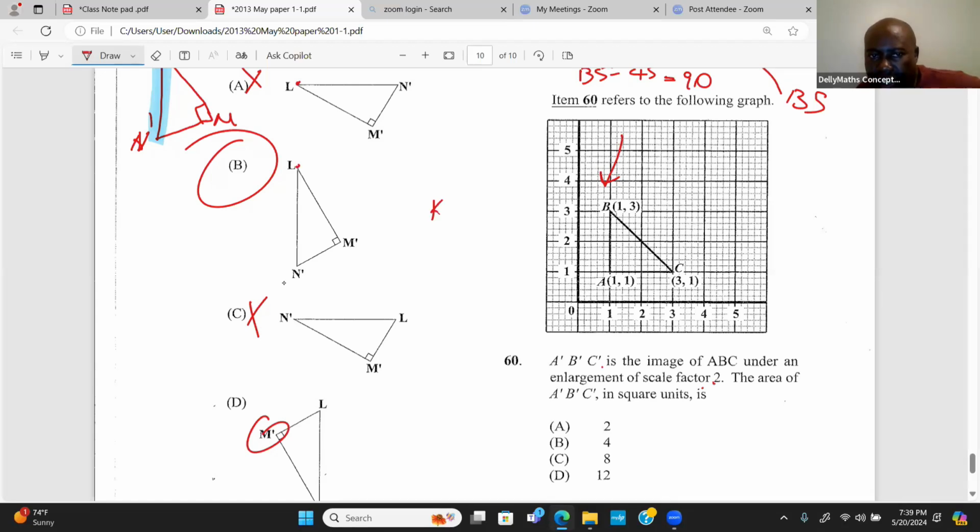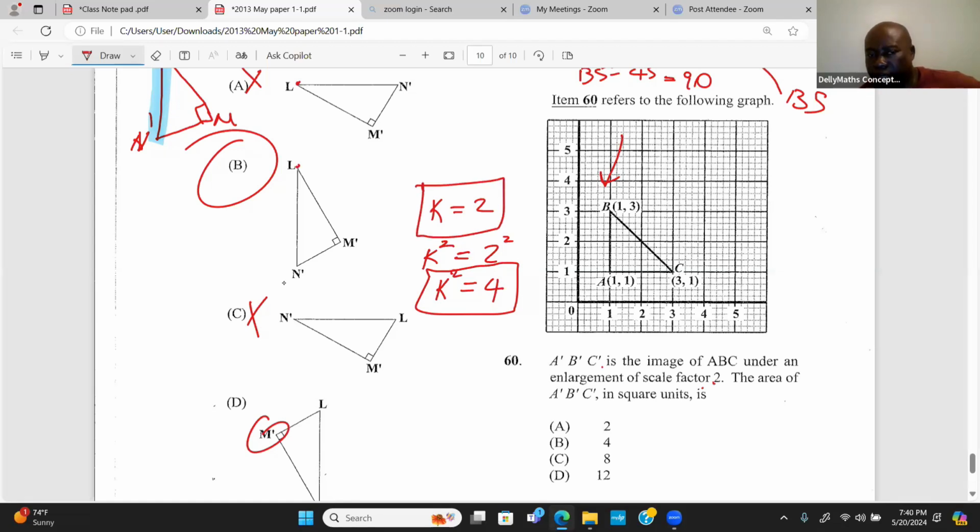If scale factor is 2 and you're going to find the area, I promise you, area means that your scale factor will square. So you have to use 4 to work out the area of the original to the area of the other one, because for area, you have to square the scale factor.